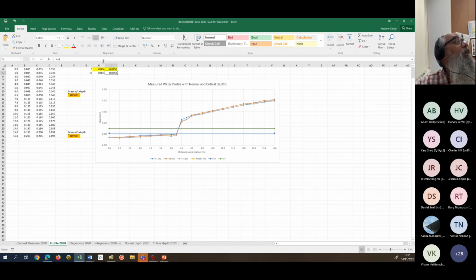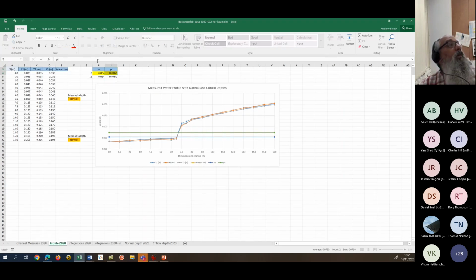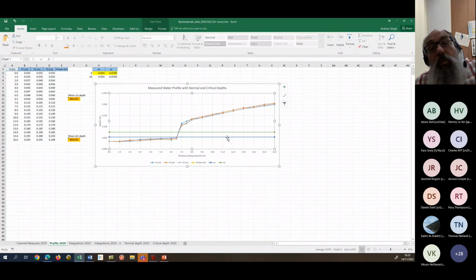Okay, so I made it up quite well. 0.076. All we're interested in when we calculate normal depth is to find out whether we've got a steep slope or a mild slope should uniform flow occur. But uniform flow doesn't occur. So normal depth is a distraction in this.